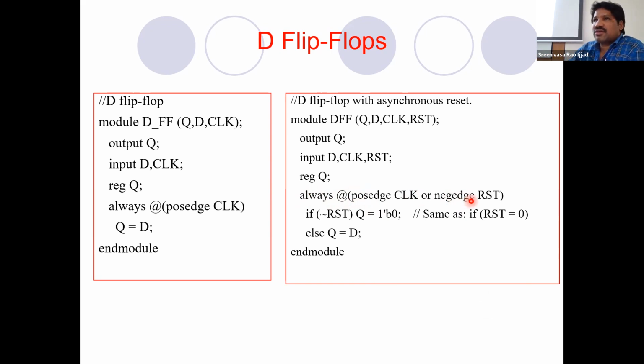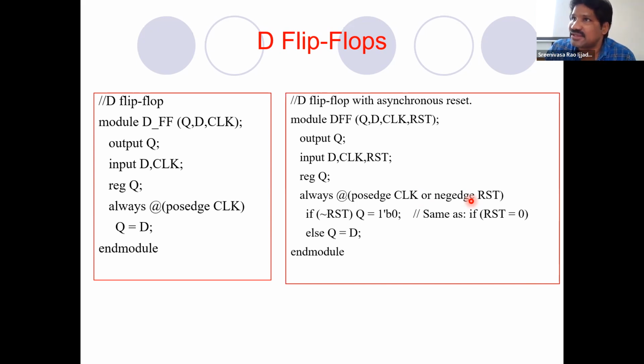Of course the clock has regular intervals, but reset you can make high for some duration and low for some other duration. There is no periodicity, but the clock has periodicity. Periodicity means that after every fixed time interval, it resembles the previous one. Anyhow, here it's positive edge of the clock or negative edge of the reset.